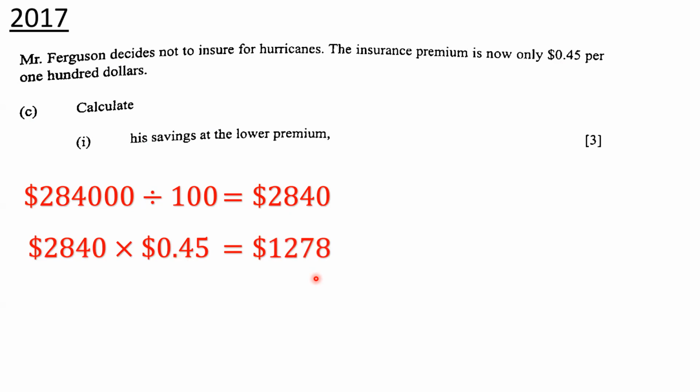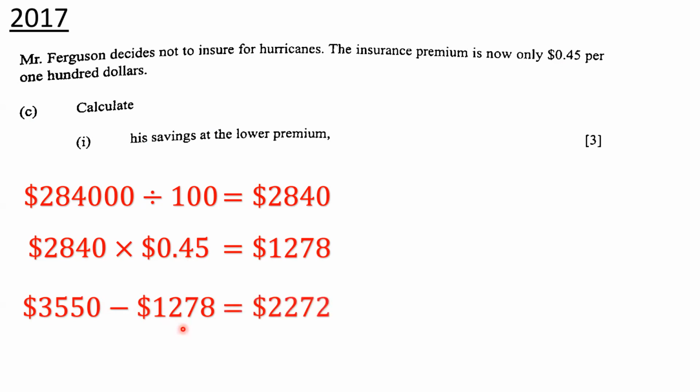The old premium was 3,550. We subtract the new one from the old one because the new one is less. And so how much would he save? Well, he would be saving $2,272, right? Just by choosing another premium. Okay, let's move on to the next question.